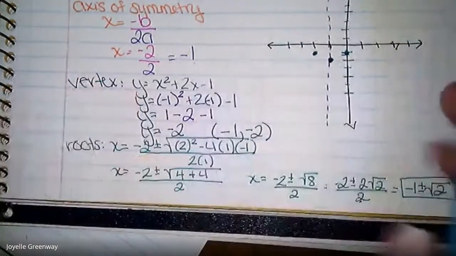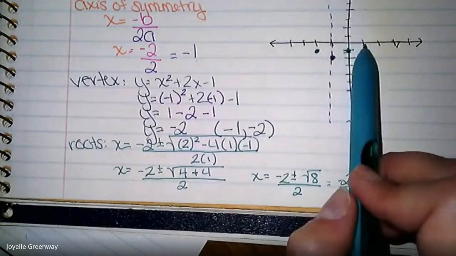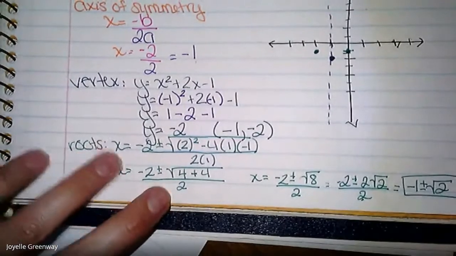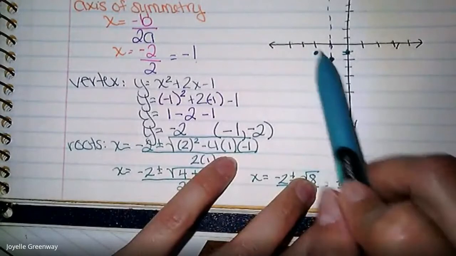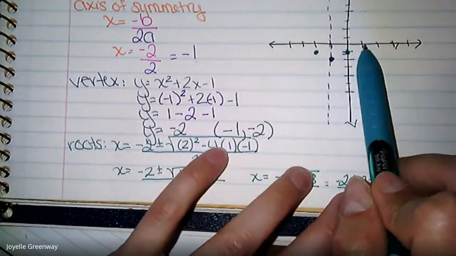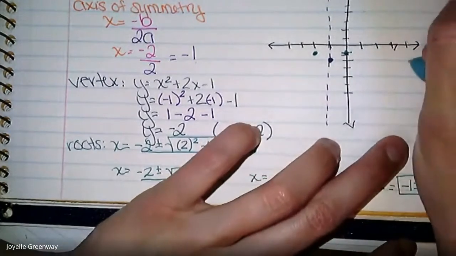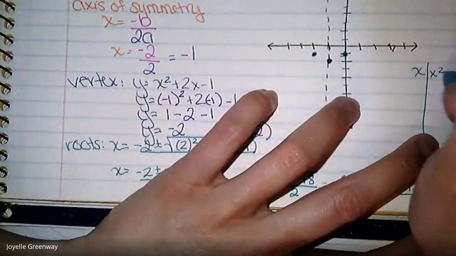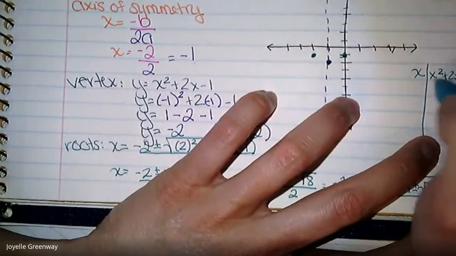Oh, that's your y-intercept. So let's choose the point when x is 1. So we're going to make a table, but I already have one of my points here. So I just have to do one more point, right, so I can graph it. So I have x, and then x squared plus 2x minus 1, and then y.